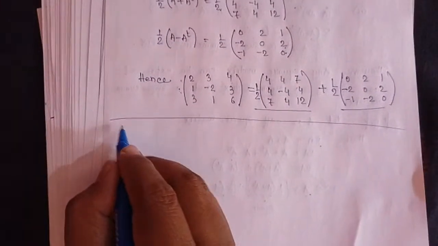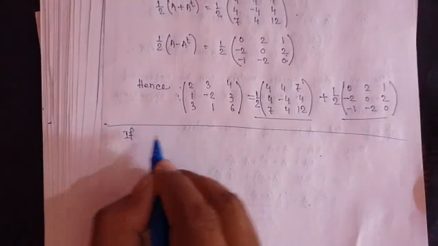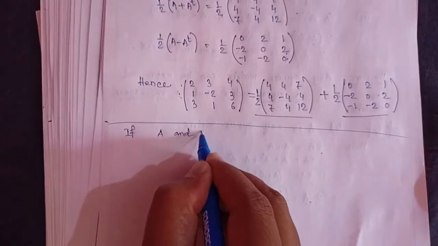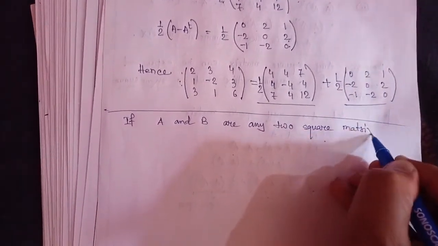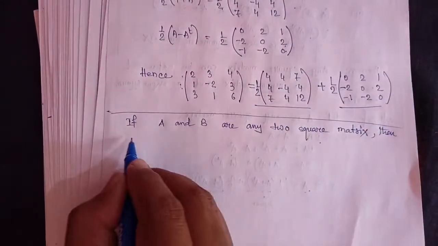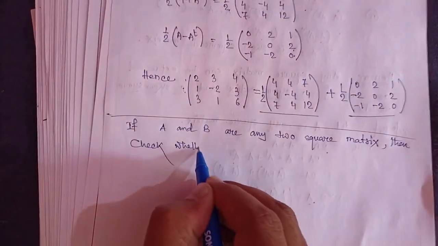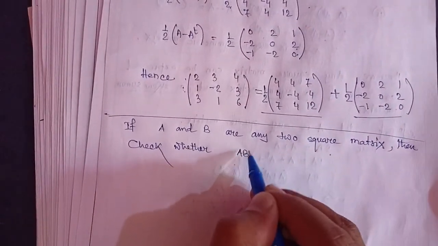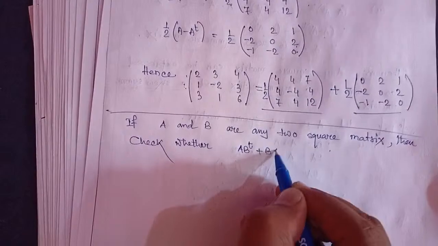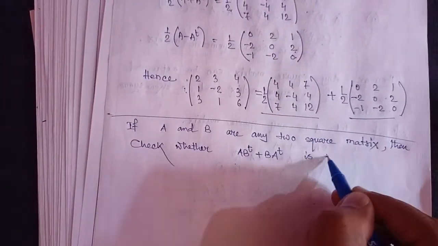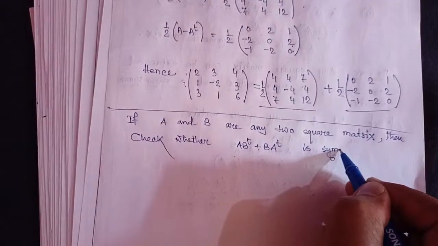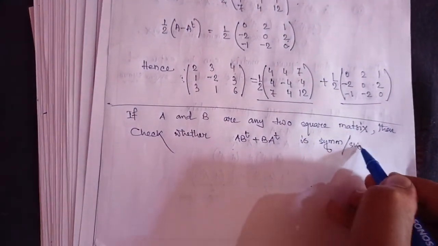Okay. In the same way, some more results you can prove at home if you are really interested: if A and B are any two square matrices, then check whether AB^T plus BA^T is symmetric or skew-symmetric. That you have to check.